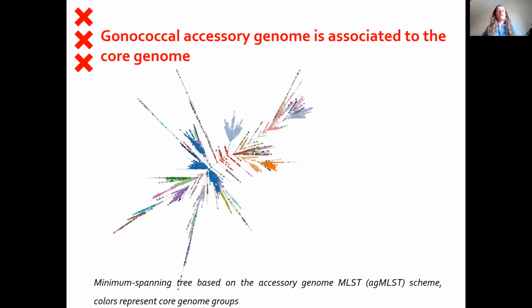And as you can see, the colors very nicely cluster together, meaning that the accessory genome is strongly associated to the core genome, which is also consistent with the clonality that we see in the gonococcal genome, and which is now also found for the accessory genome.